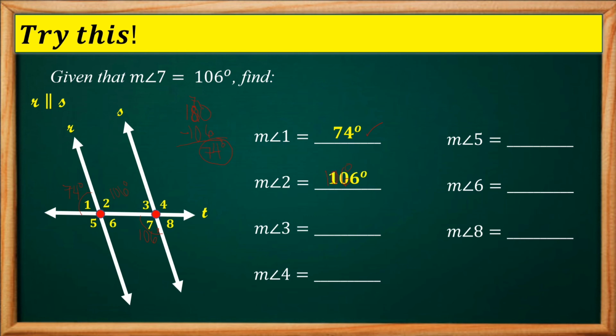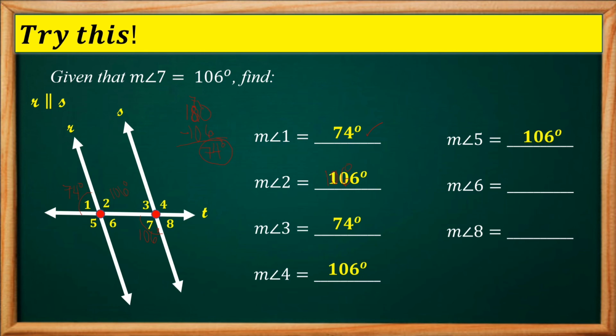How about angle 3? Angle 1 and angle 3 are corresponding angles. They are congruent, therefore it is also 74 degrees. How about angle 4? Angle 2 and angle 4 are corresponding angles, and they are congruent, therefore it is 106. How about angle 5? Angle 5 and angle 7 are corresponding angles, so they are congruent.